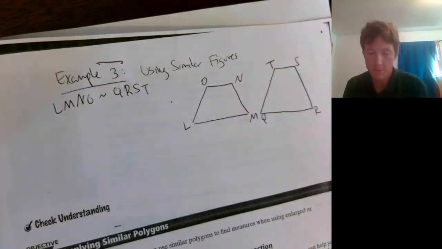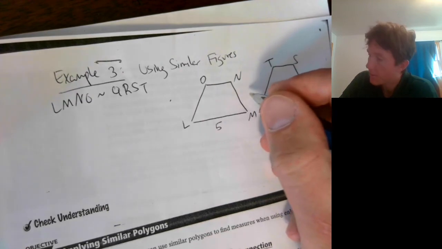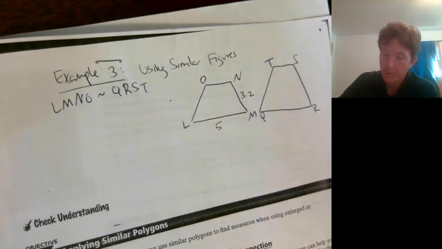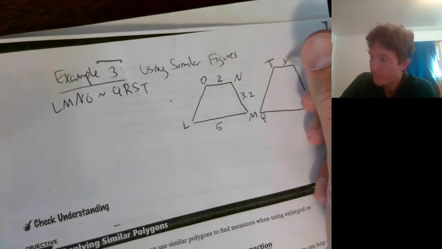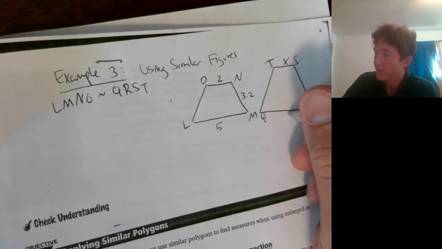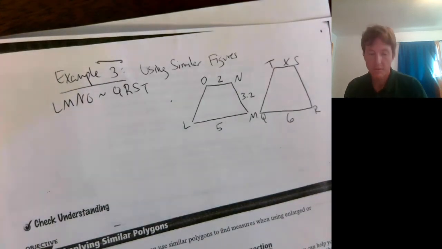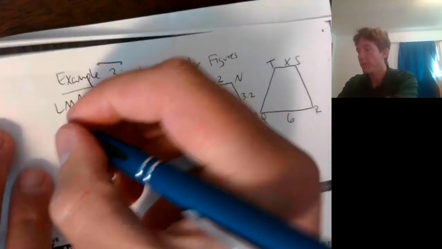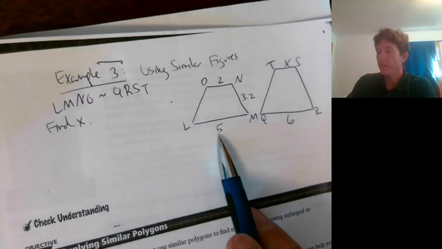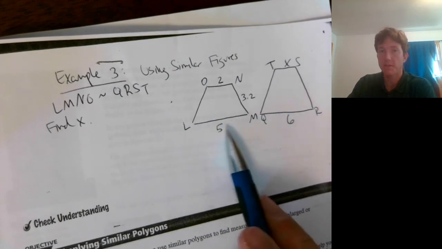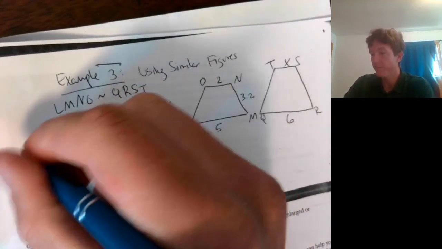So we have this is 5. This is 3.2. This is 2. And then we have X up here. And we have 6 down here. Okay, so we know that, and we want to find the value of X. Find X. We know that our trapezoids here are proportional. So there's going to be a similarity ratio.